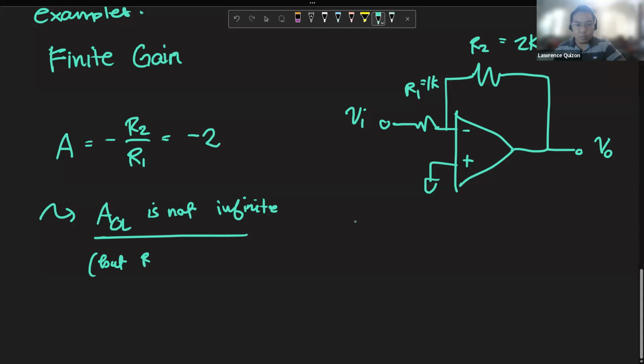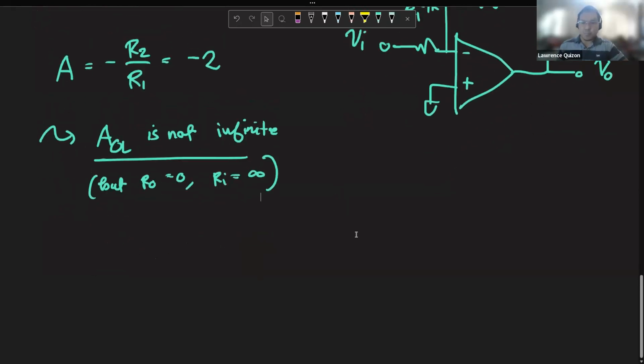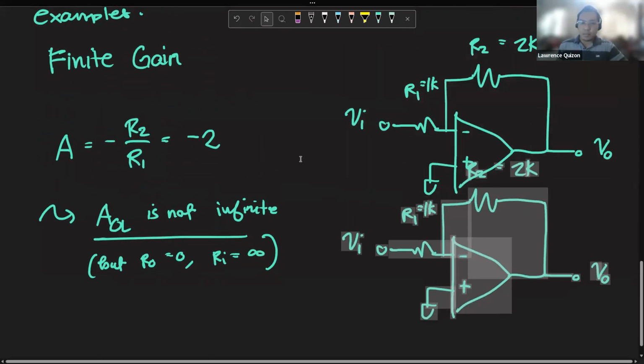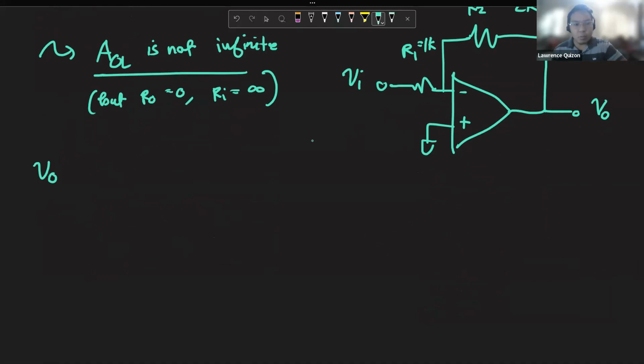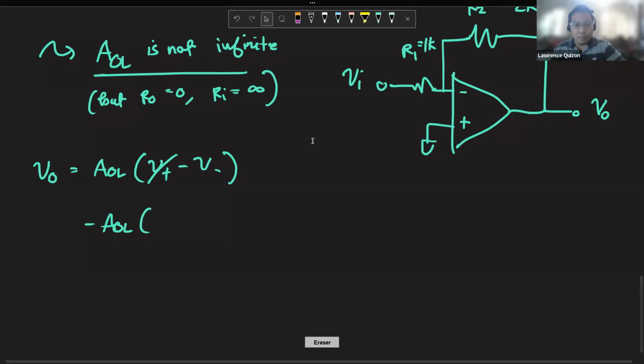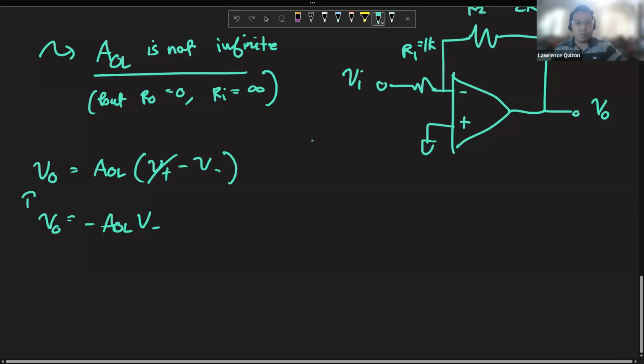Let's also note that R out is still 0, Rn is still infinite. So what will happen in our circuit? Well, V out would be the open loop gain times the inverting minus the non-inverting input. We know that this is 0, so that's negative AOL V minus. So that's one of our equations.